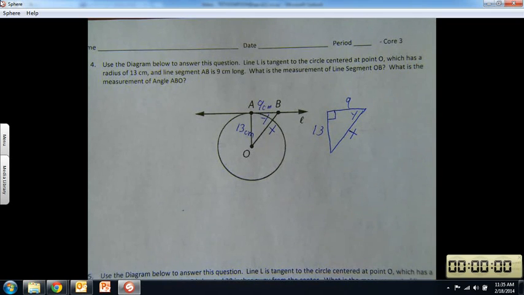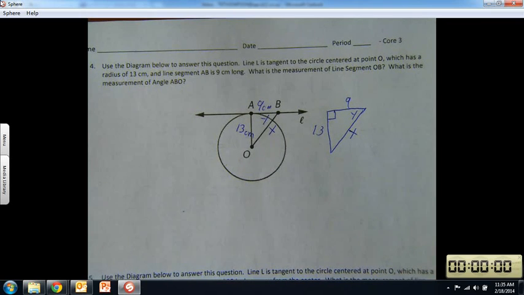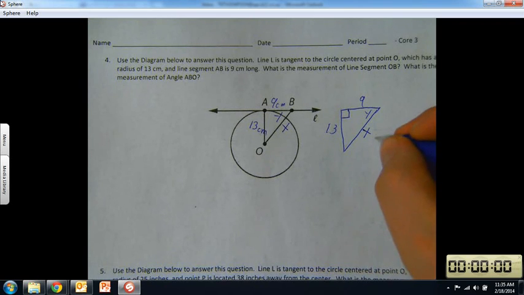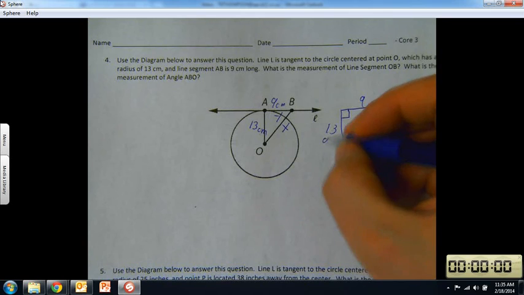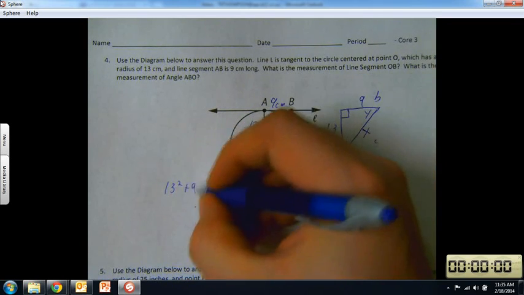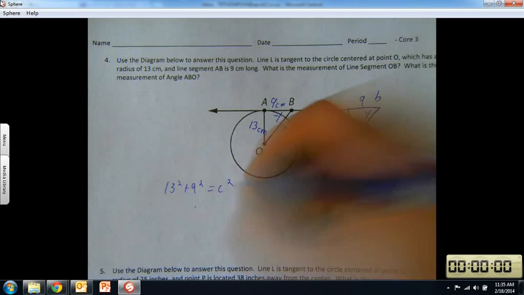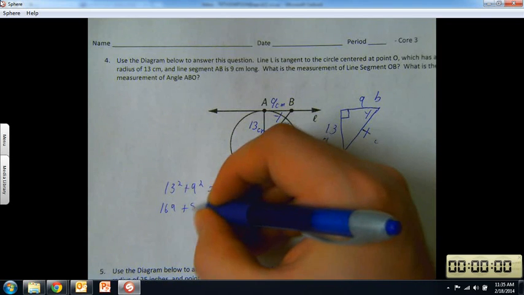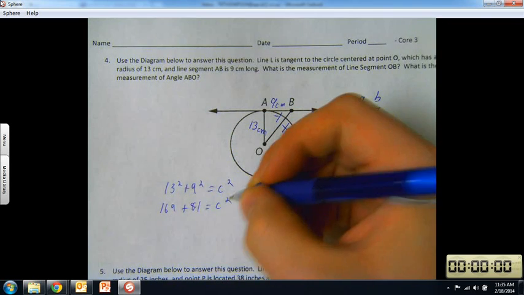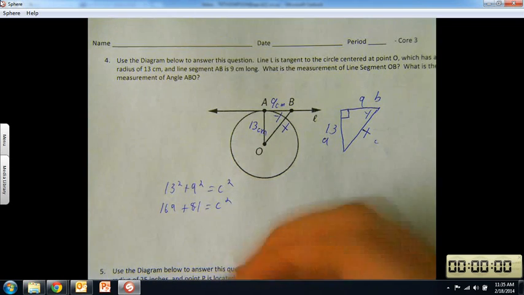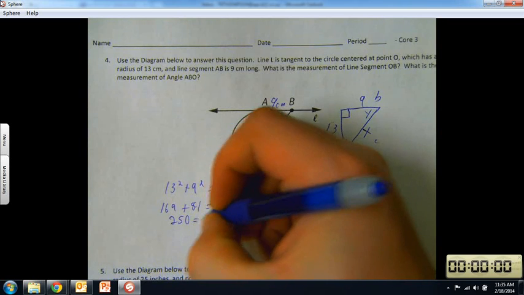Now it is no different than one of the first problems from the quiz. We're going to use a combination of SOHCAHTOA and Pythagorean theorem. So first, let's solve for x. X is our c this time, so we have a, b. 13 squared plus 9 squared equals c squared. 13 squared is 169, 9 squared is 81, equals c squared. 169 plus 81 is 250, equals c squared.